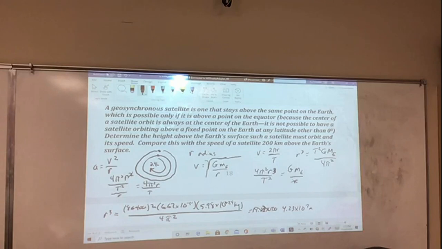And I need to subtract 6.38 times 10 to the 6th meters, because that's the distance between the center of the Earth and the surface of the Earth.